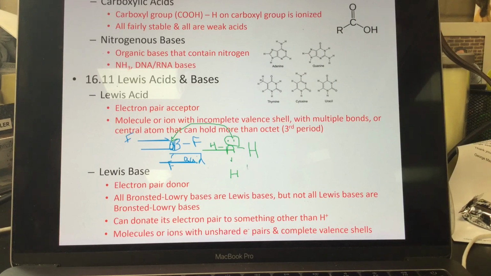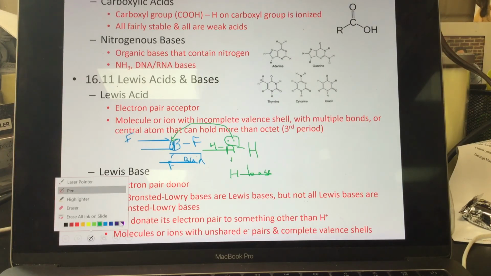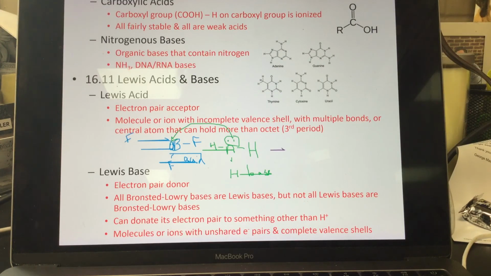So that makes ammonia, which is also a Bronsted-Lowry base, but it also makes ammonia a Lewis base as well. So then after it donates its electrons to boron trifluoride, we end up with a compound that looks something like this.